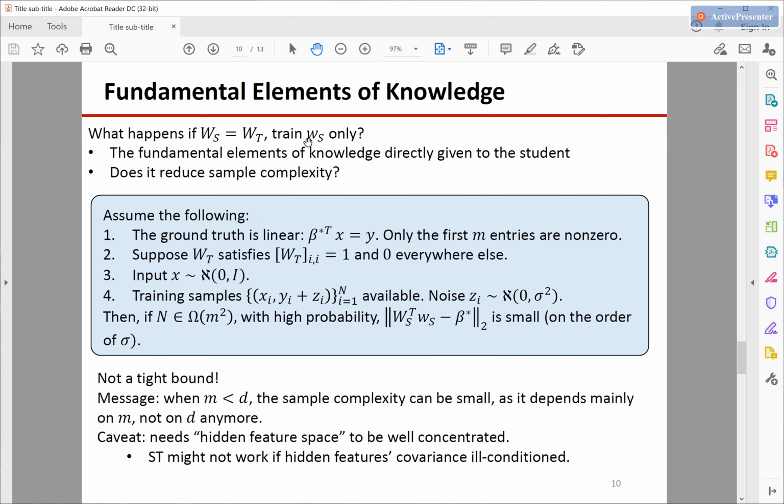That's very easy to understand because we're just learning a linear map from the hidden space to the targets. So the dimension of the input space is irrelevant now. And the second insight is that the hidden features need to have some kind of concentration behavior. Essentially, their covariance matrix cannot be ill-conditioned. Otherwise, we could still need a lot of training samples for the student to reach a reasonable testing error.